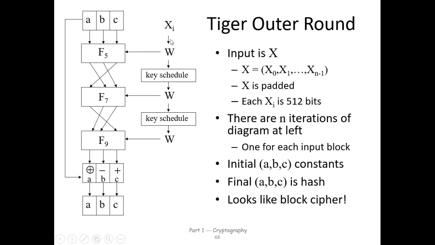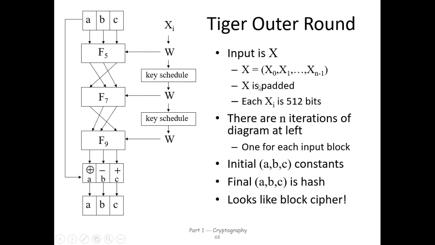There is a W. I'll tell you what XI, W, and key schedule are. Each F produces 3 outputs, and in each round 3 inputs are given. I'll also explain what exactly A, B, and C are, and what each inner round actually does.